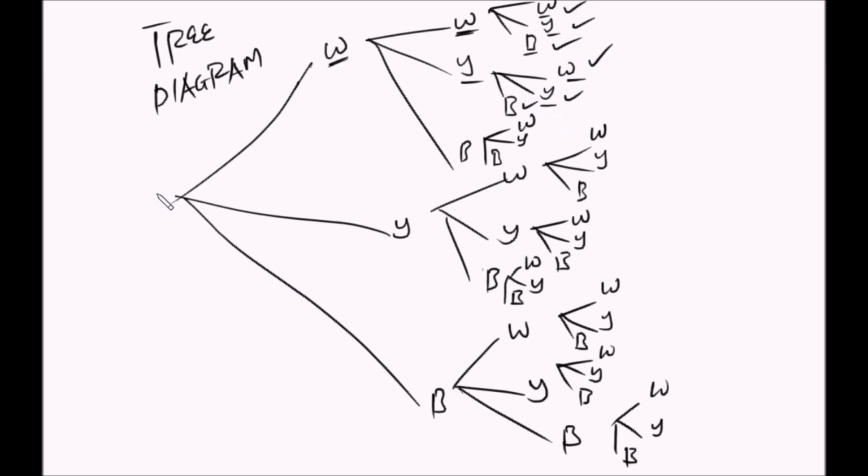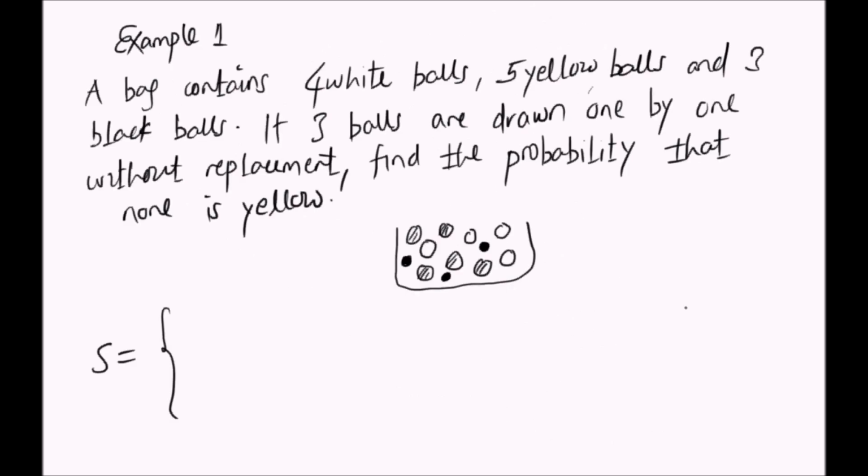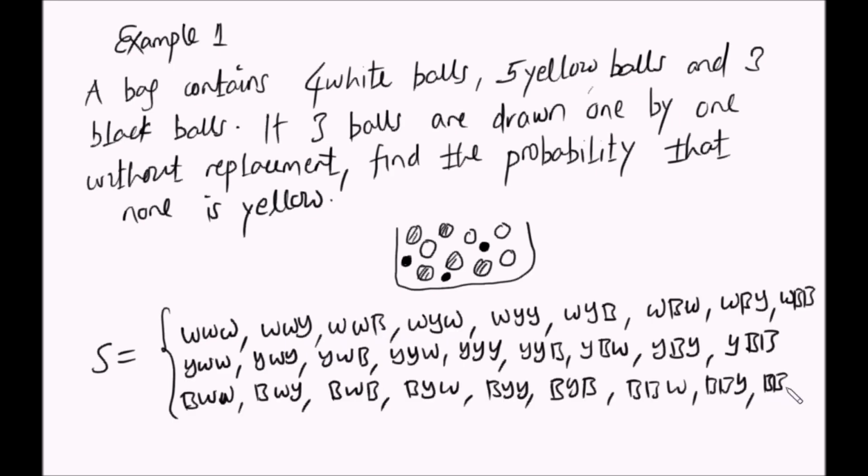So those are our elements of a sample space, which if I write them down, hizi hapa. So this is our sample space: white, white, white, white, white, yellow, white, white, black, hivyo mpaka black, black, black.